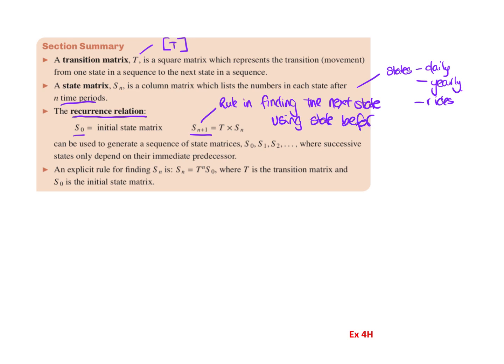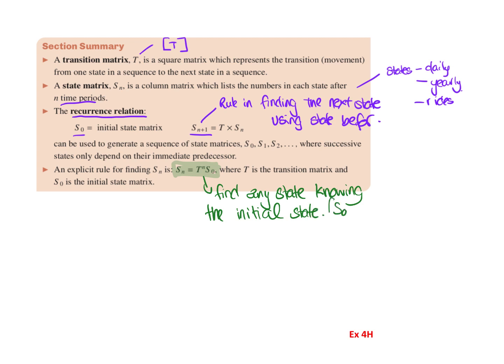That's what we knew that meant. And then we had the quick trick way where we could find any state, so we used this to find any state knowing the initial state, which we call S0. Alright, so off we go to 4H.